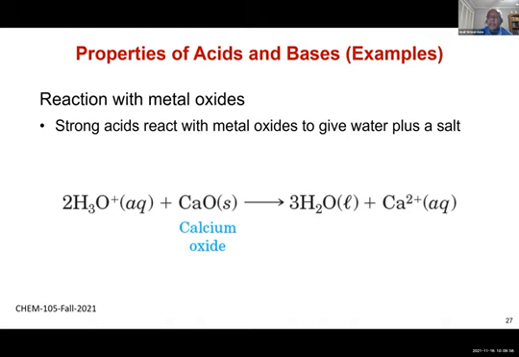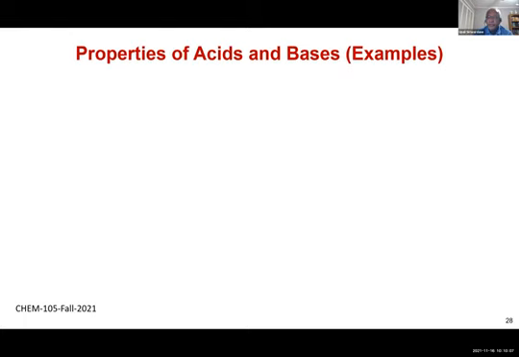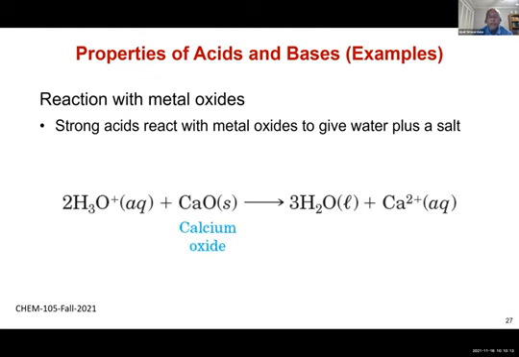Calcium oxide goes to calcium 2 plus ion. This is the net ionic equation. You can fill in the missing anion for the hydronium ion, like hydrogen chloride, which would produce calcium chloride and water.